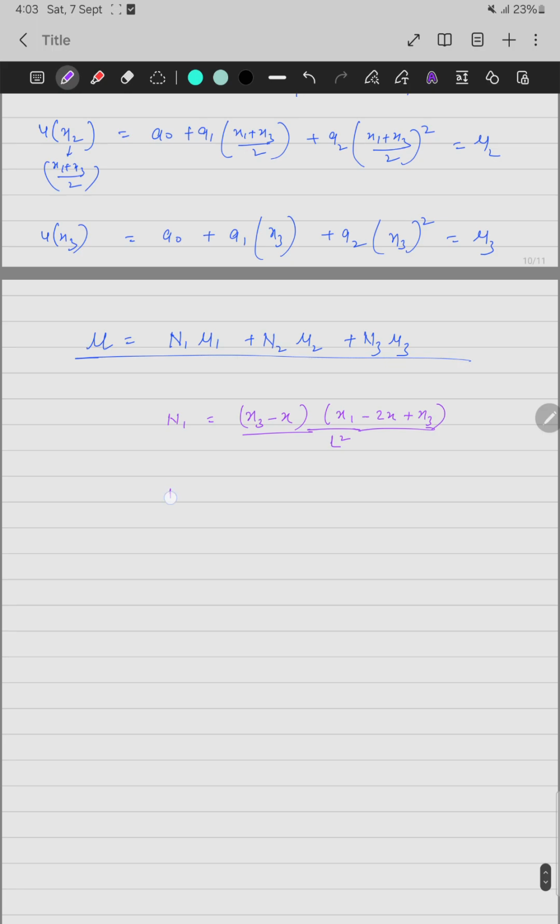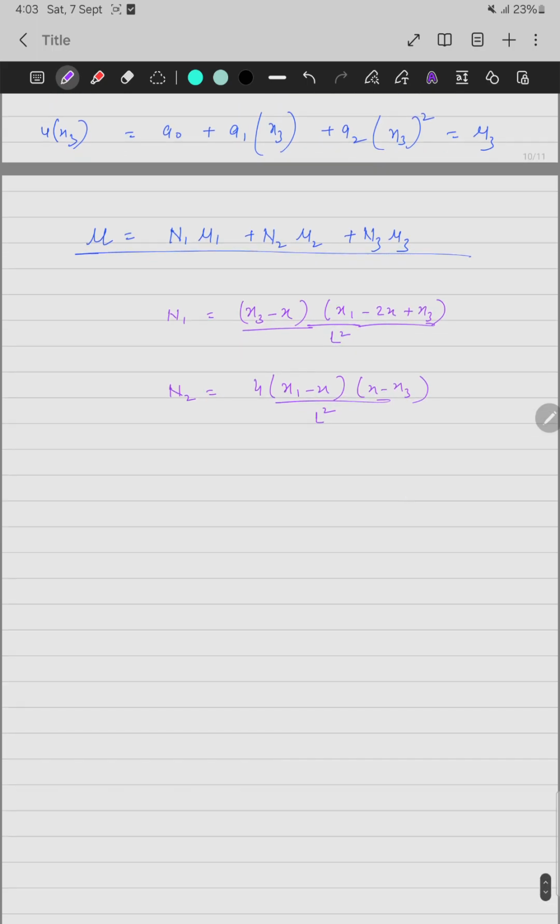N2 we will get as 4 times x1 minus x, times x minus x3, divided by L square. In the same way we'll get N3 as x1 minus x, times x1 minus 2x.